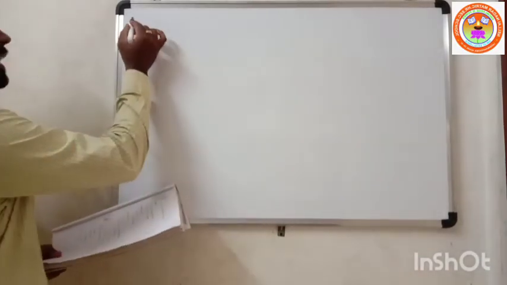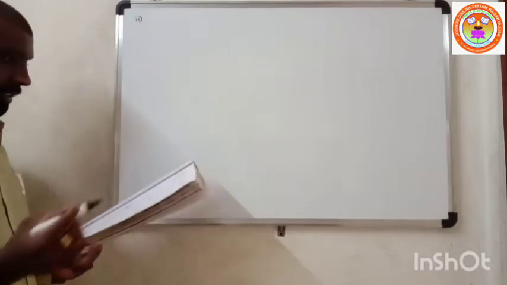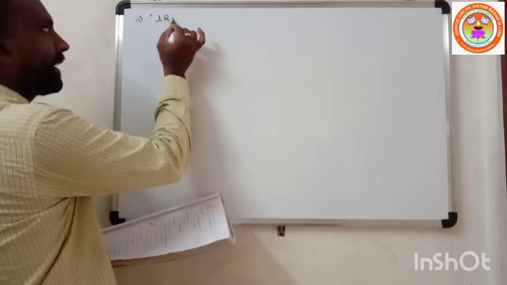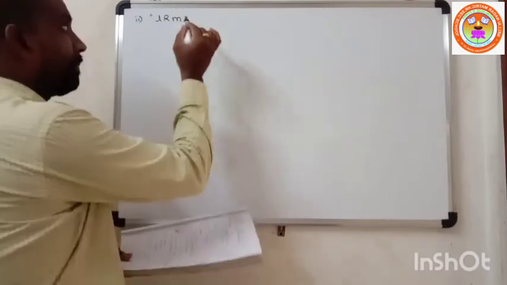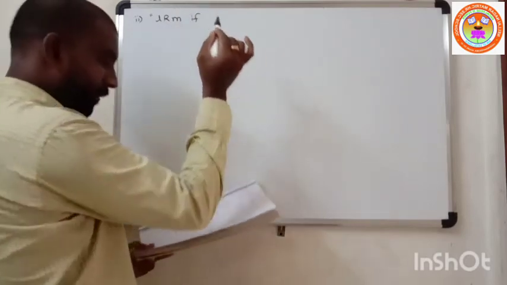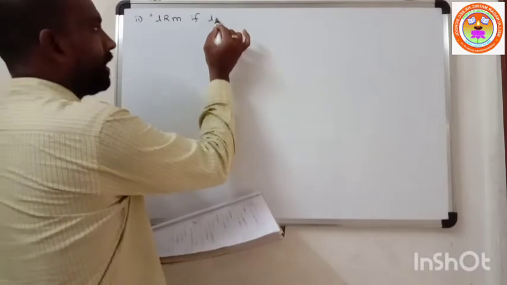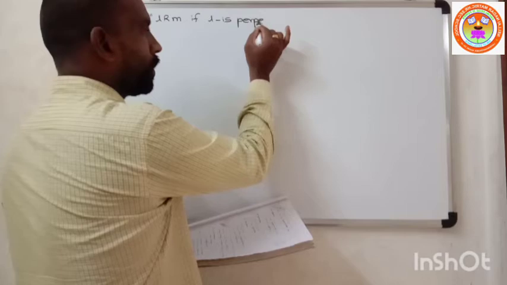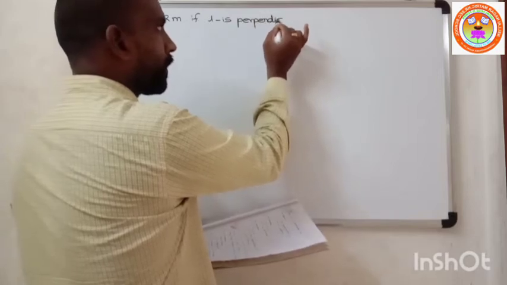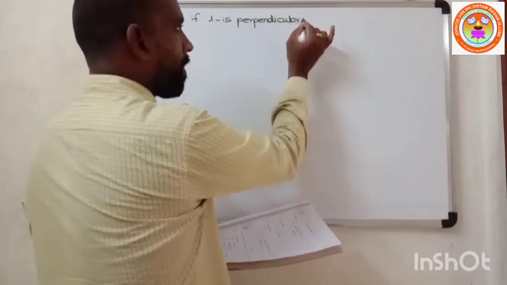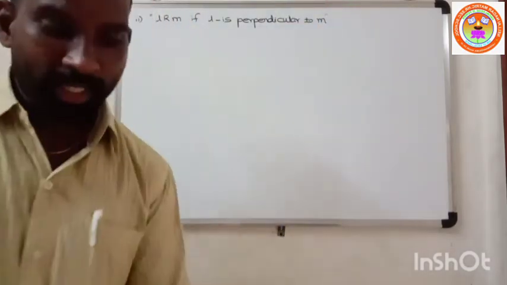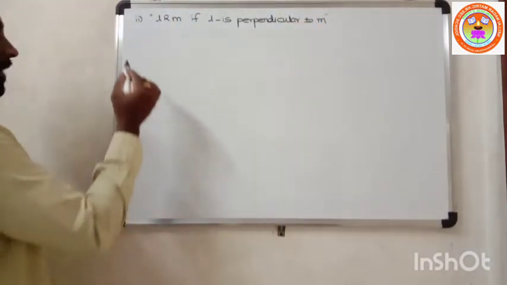Now I am going to the second one. l related m if l is perpendicular to m. First one is reflexive.